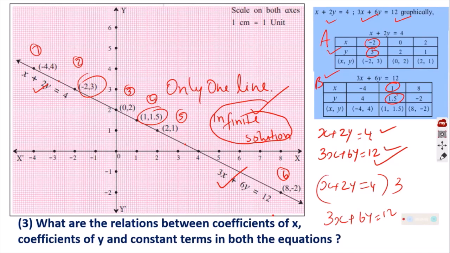Coefficient of x in the first case is 1. And coefficient of y is 2 here. In the second equation it is 3, and the relationship is this: first equation multiplied by 3 gives the second equation. If you multiply the first equation by 3, you get the second equation.